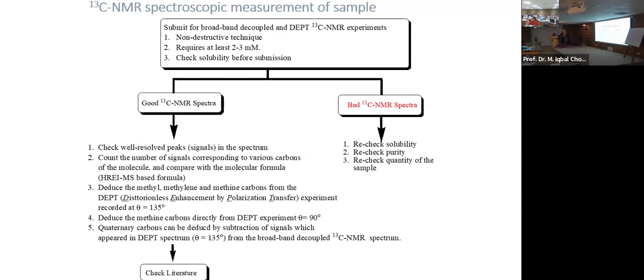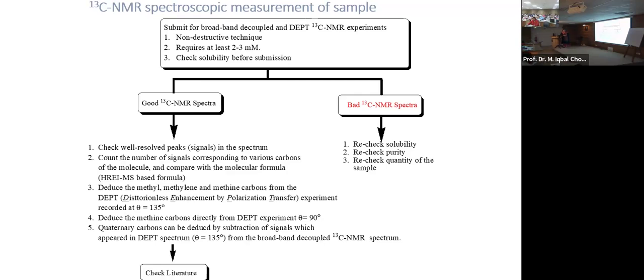On the other hand, proton has 99.998% natural abundance, so the natural abundance is a lot. That is why C13 at natural abundance is altogether 6,000 times less sensitive than proton.